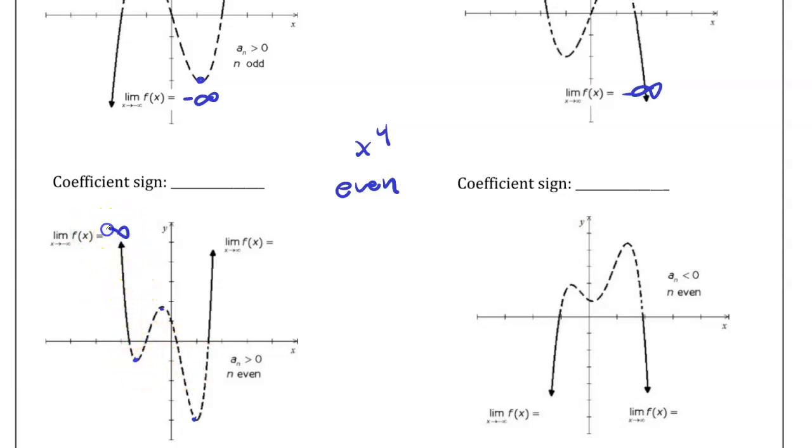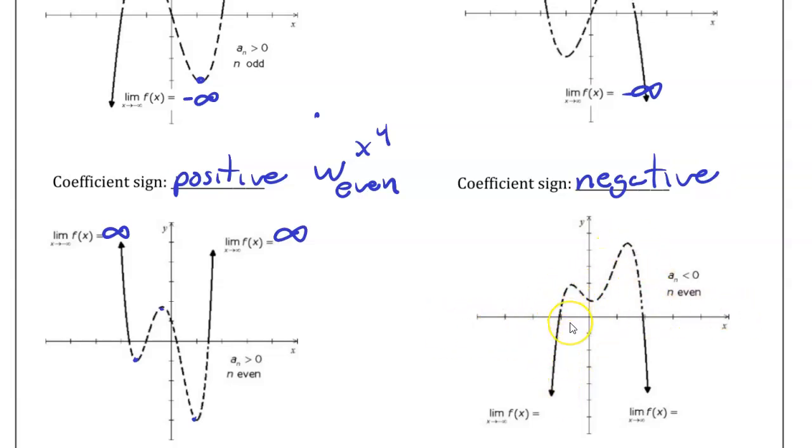Both sides, you can see here, with a positive coefficient, have that W shape. So x to the 4th always has that W shape, whereas a negative x to the 4th has the reflection of that.